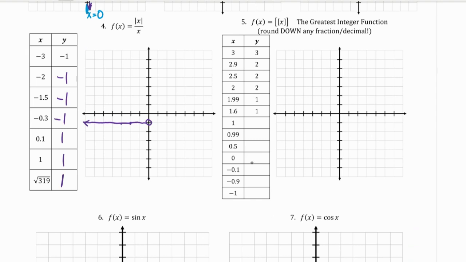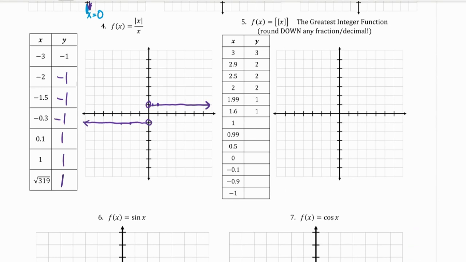So I'm going to go ahead and jump up. So at 0.1, we're at 1. At 1, we're at 1. At root 319, wherever that is, that's going to be y values of 1. So I am going to have a hole again at 0, 0, and then, oh, that's not great. Let's try that again. There we go. And so that's what the absolute value of x over x looks like.